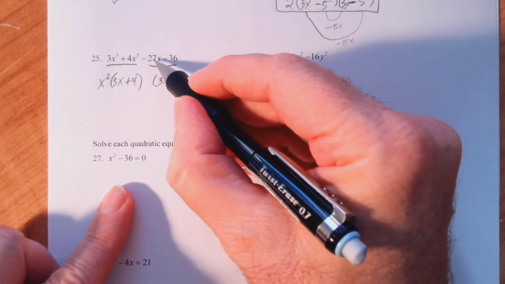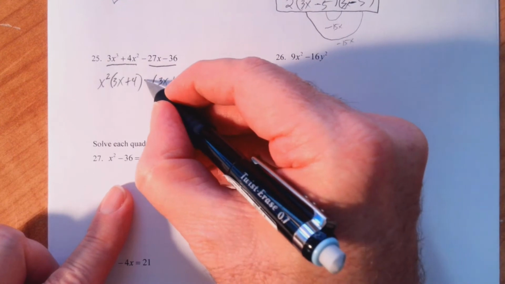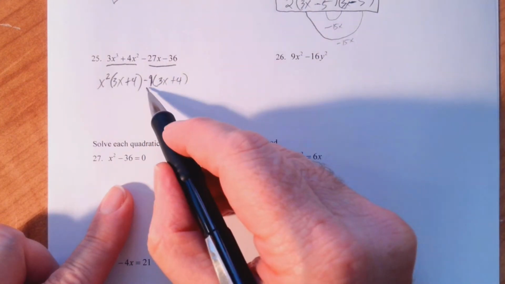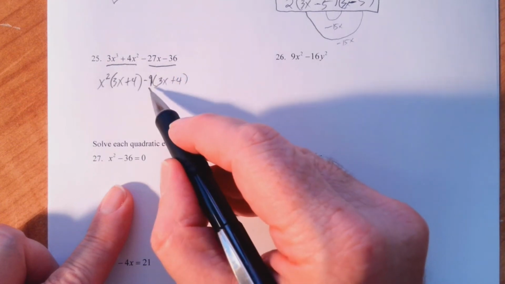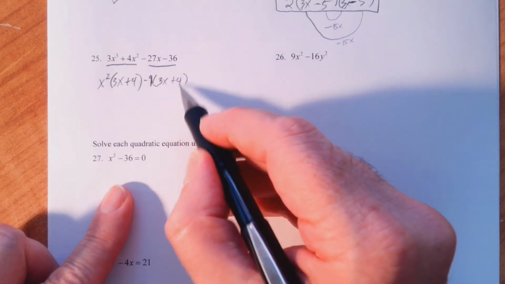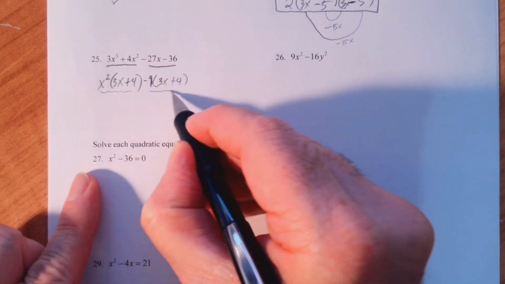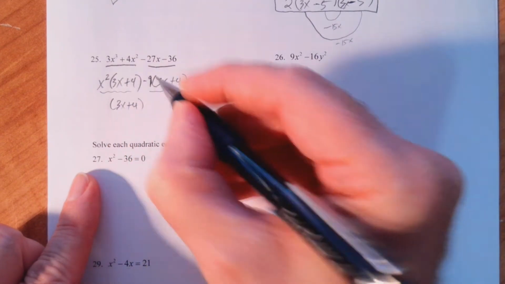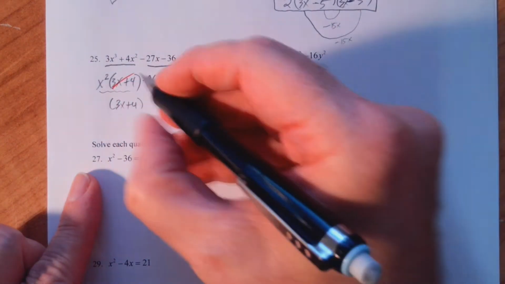And of course, I guess we would need a negative 9 here to get that negative 27. Notice negative 9 times 3x gives you the negative 27x. Negative 9 times 4 gives you negative 36, and so that does work. So I have 2 terms with the common factor of 3x plus 4. And we can cross these out, and we're left with x squared minus 9.